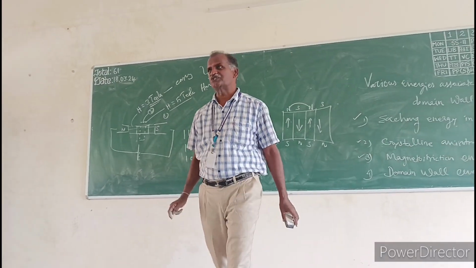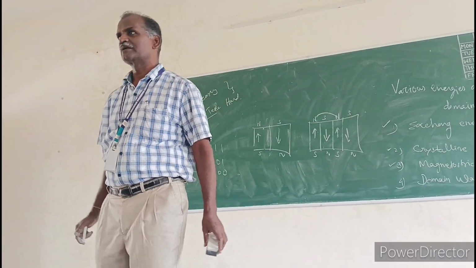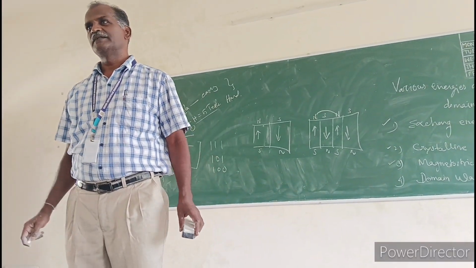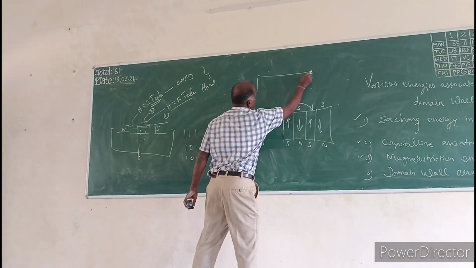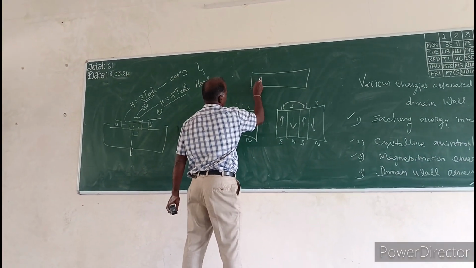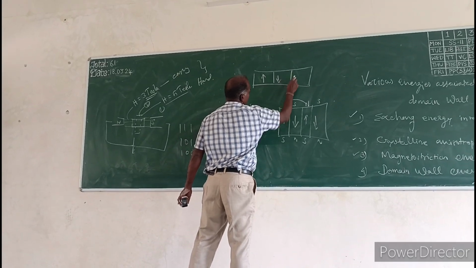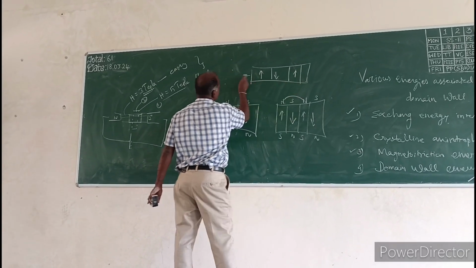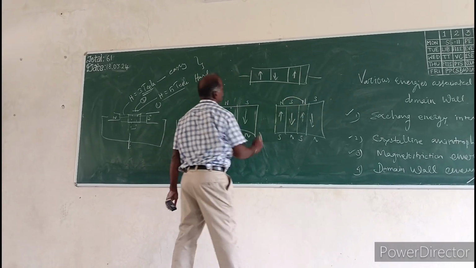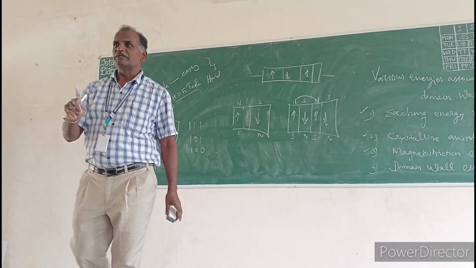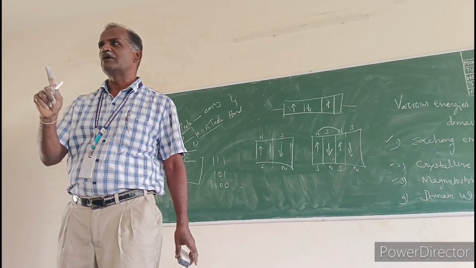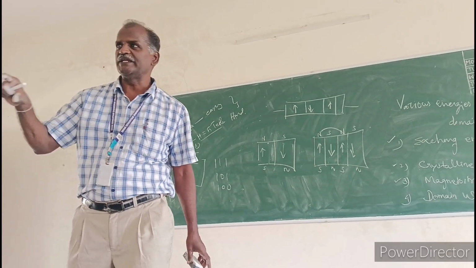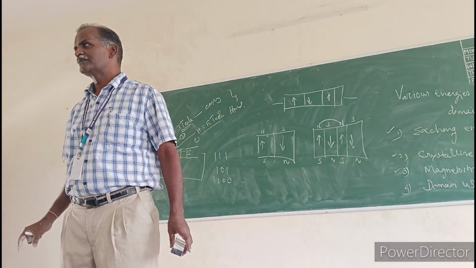Next one is magnetization energy. You might have studied that when a ferromagnetic material is subjected to an alternating magnetic field, during magnetization all the magnetic moments are aligned in a particular direction.